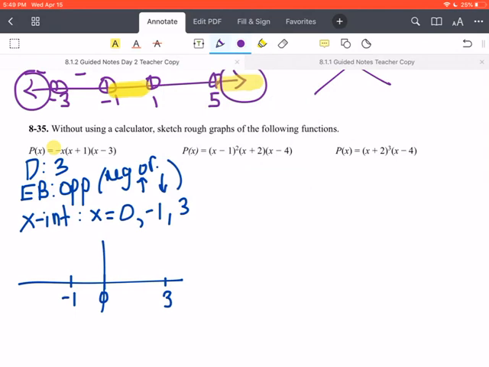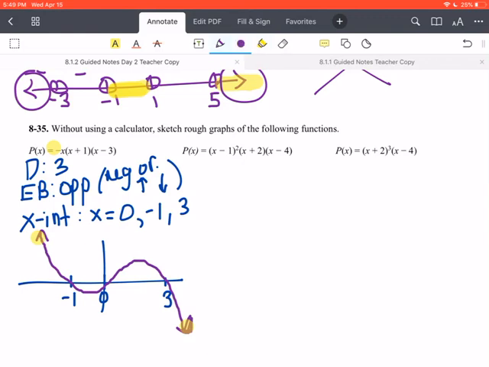So I'm going to start up because I know my arrow is pointing up, and I'm going to go down, up, down. And there is my graph. You can see that it has opposite end behavior of our parent cubic function. It is odd degree, so it's opposite, and there would be our sketch.